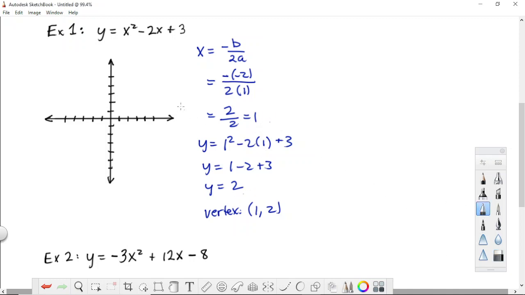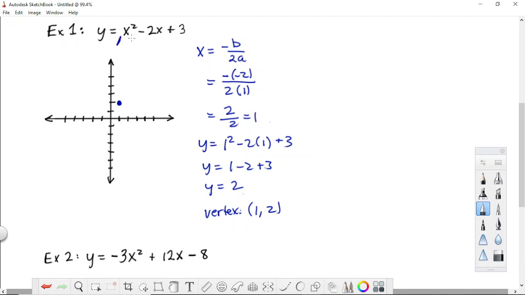So we've got that, and now we can plot it. So it's right there, is the vertex. And now we look at A, which we can call the slope in quotes again. A is the coefficient of x squared.